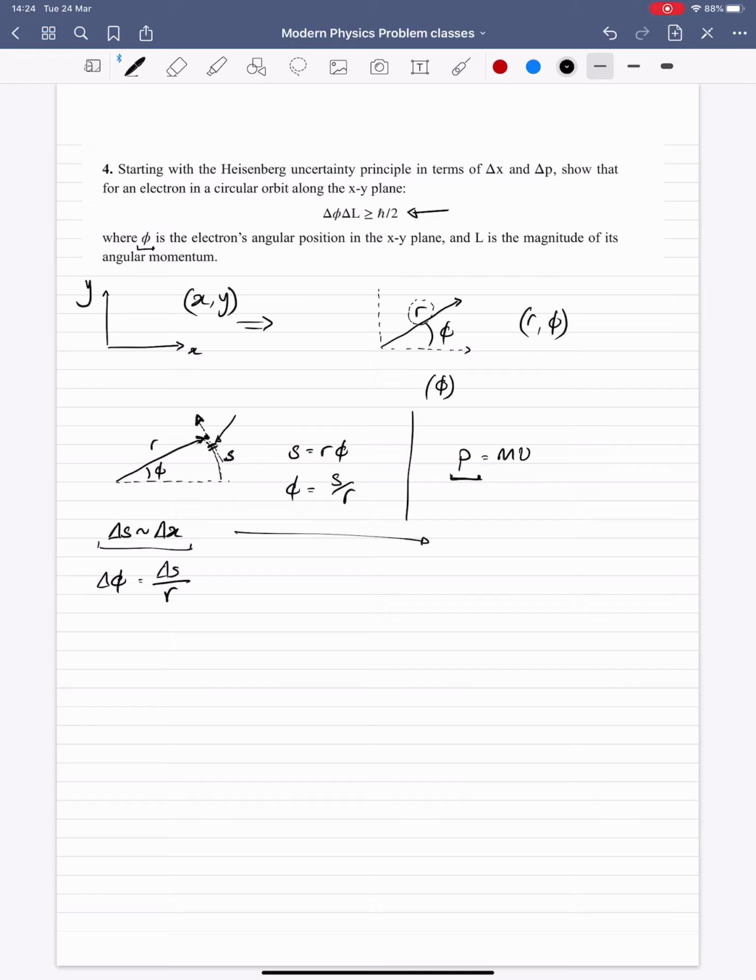We're not too worried about r changing, except when it changes discretely. But for all intents and purposes, we're only going to take into account one orbit. So this is the form that we want. And same thing here, the change in momentum is equal to our mass times the change in our velocity.